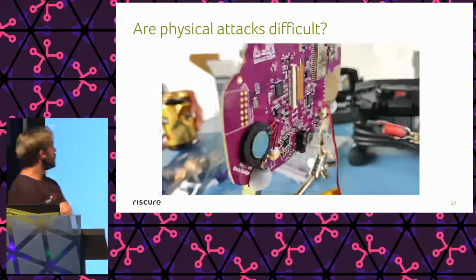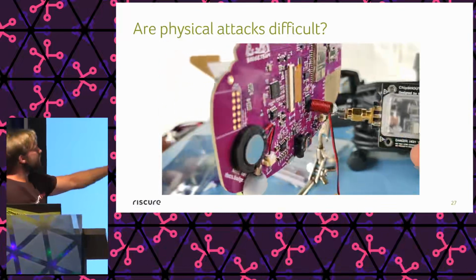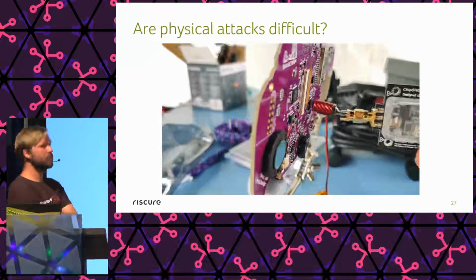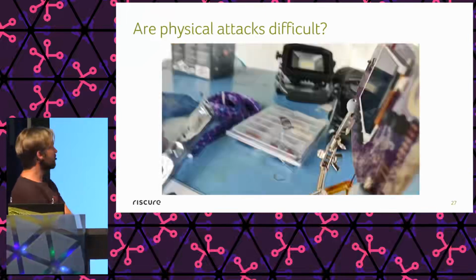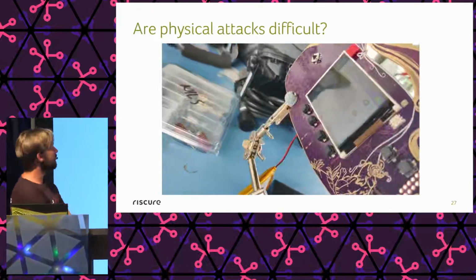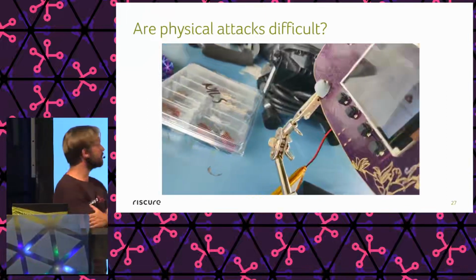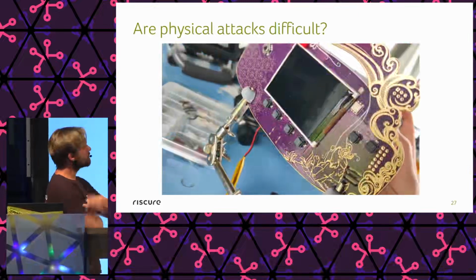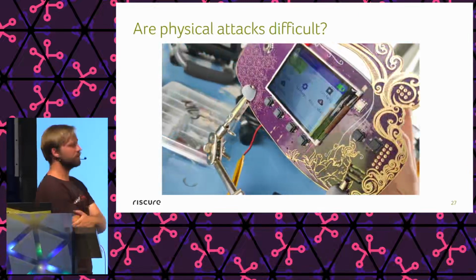Yeah, it works. So you can see the coil. In the lab, we use a nice XYZ station with a micrometer precision. Here, Niels has nanometer precision, and he can put the coil exactly in the spot to be close enough to the Pico chip. And you can see the screen here. He presses the button, he introduces the glitch in the backlight.